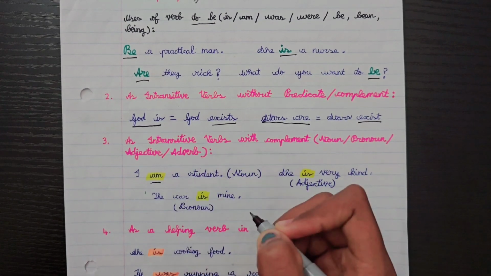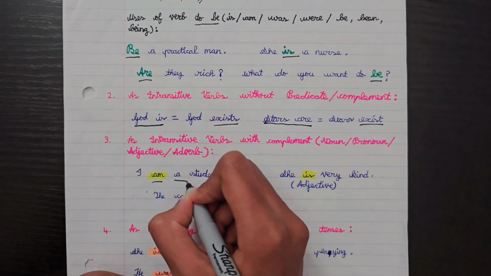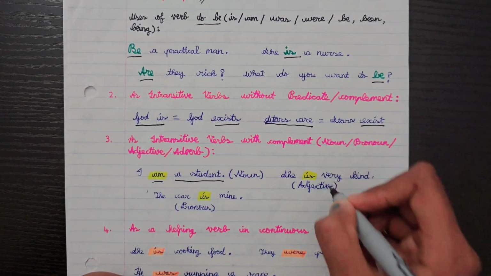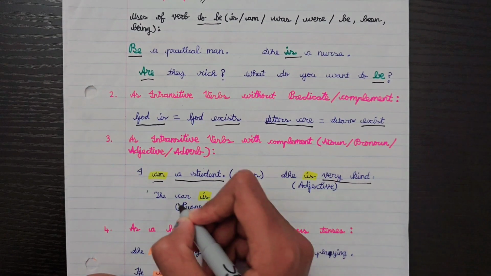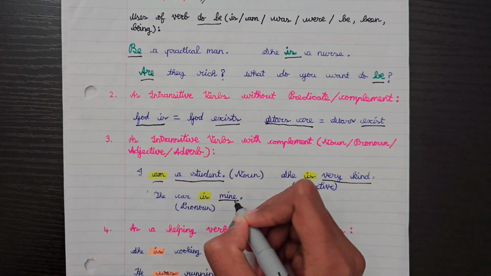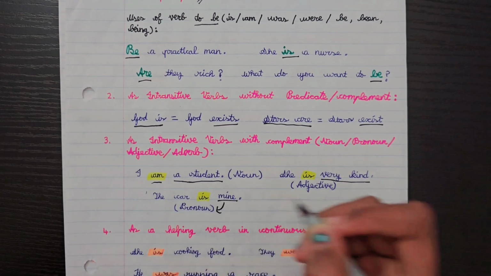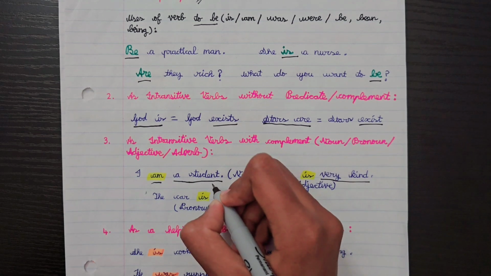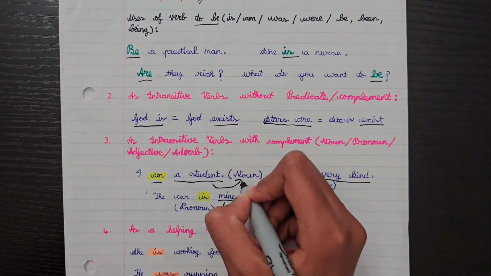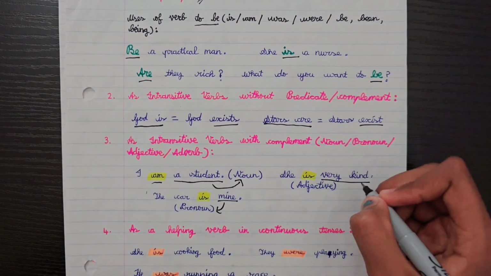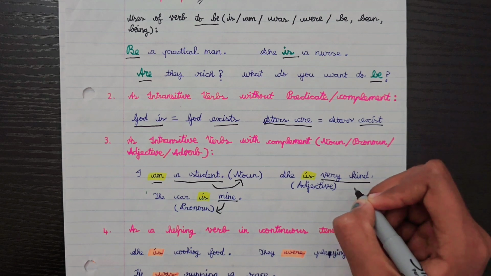Like here, the complement or the predicate is a student, very kind, mine. So the complement in here is mine, and mine is a pronoun. Here, a student is the complement, which is a noun, and very kind is an adjective.